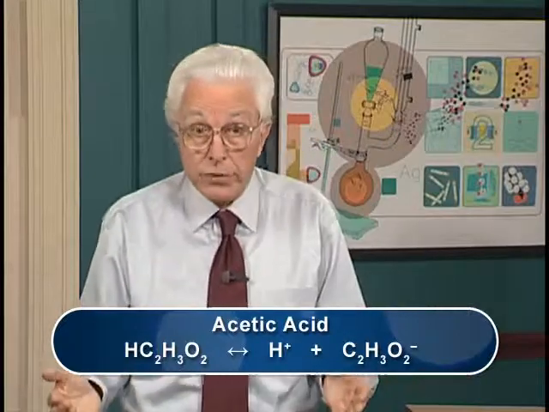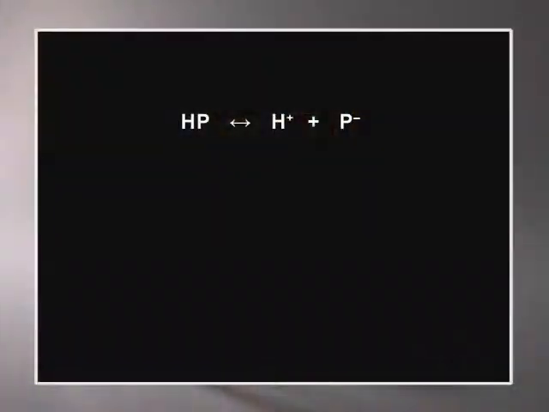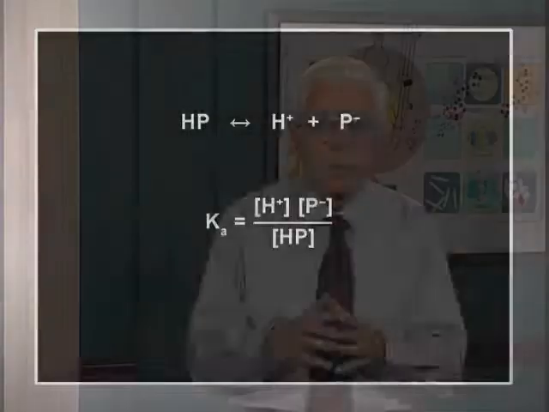And like acetic acid, phenolphthalein has an ionization constant. Using the rules we've learned for writing equilibrium constants, we know that Ka for phenolphthalein would just equal the concentration of hydrogen ion times the concentration of the anion from the acid, which we have designated as P-, divided by the concentration of the phenolphthalein molecules, for which we have used the symbol HP.